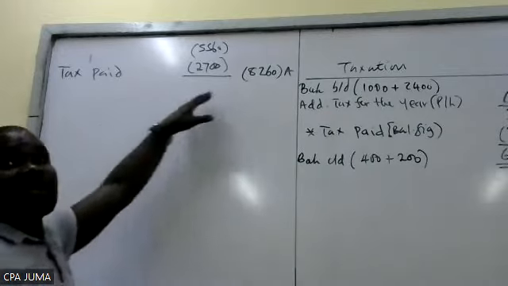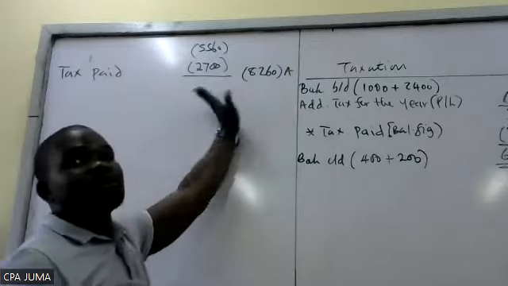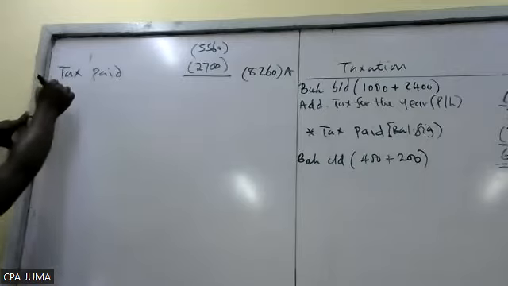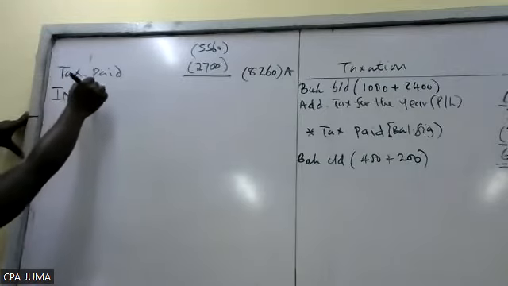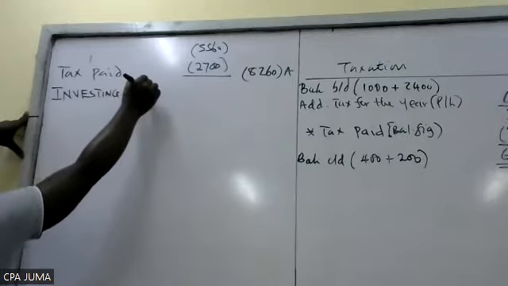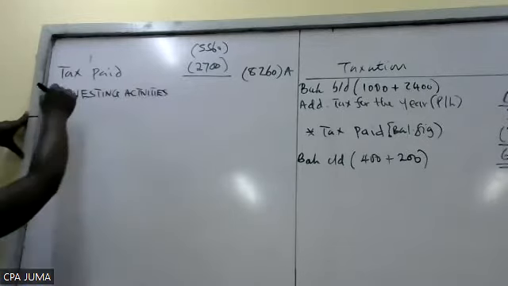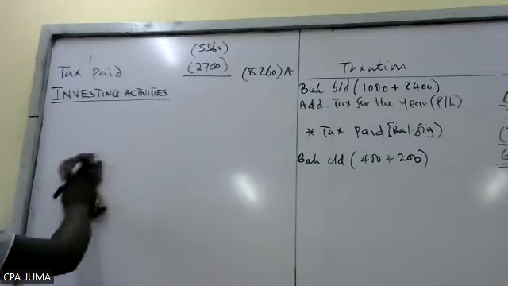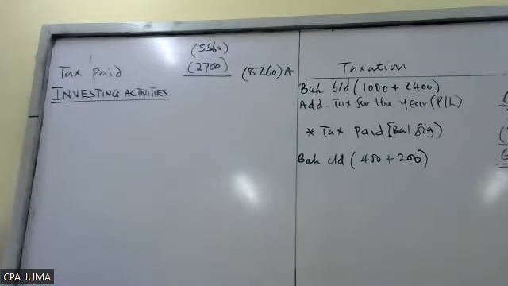Cash flow from operating activities is only into 260, but we shall have a professional problem. Then bring investing activities.